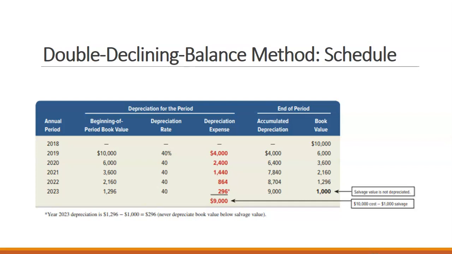In the last year, we depreciate whatever is left to take us to salvage value. That's why the third year is $296, because our beginning of period book value is $1,296 and our salvage value is $1,000. And we never go past our salvage value with depreciation.